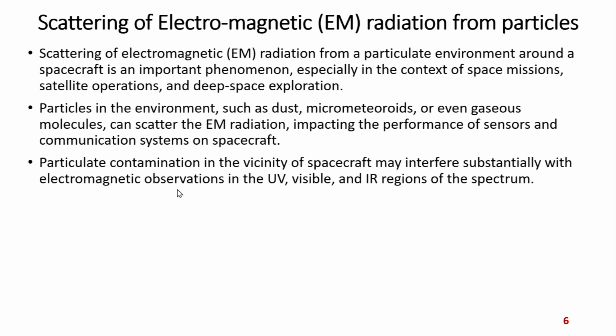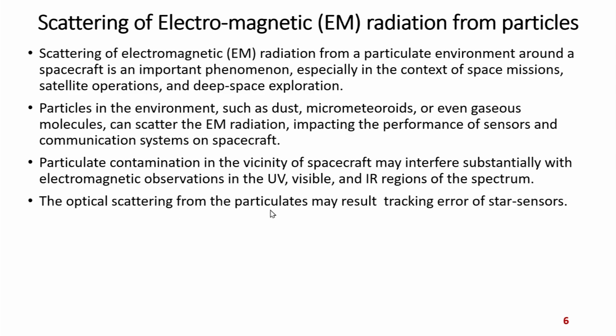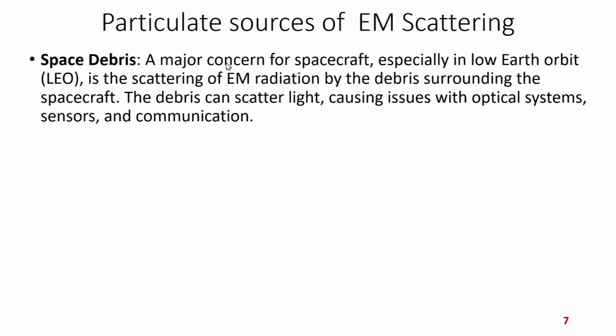Particulate contamination in the vicinity of a spacecraft may interfere substantially with electromagnetic observations in the ultraviolet, visible and IR regions of the spectrum. The optical scattering from the particles, as I already said, may result in tracking errors of the star sensors. Now, let us see the sources of EM scattering.